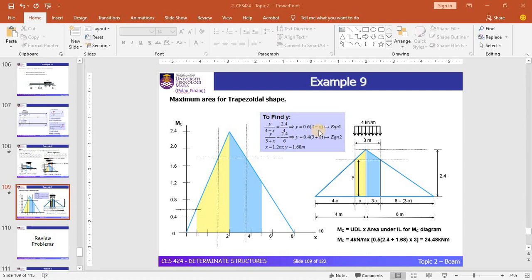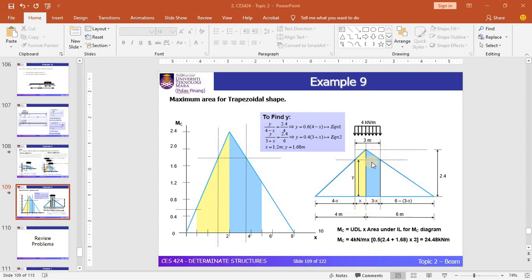We have two equations, so we can solve for the two unknowns x and y, giving x equals 1.2 meters and y equals 1.68 meters. With the values of x and y, we can calculate the area of the shaded region, the trapezoidal area, using the same equation.